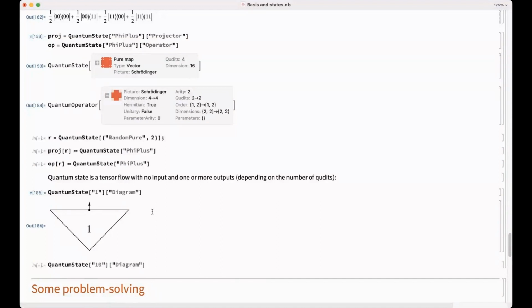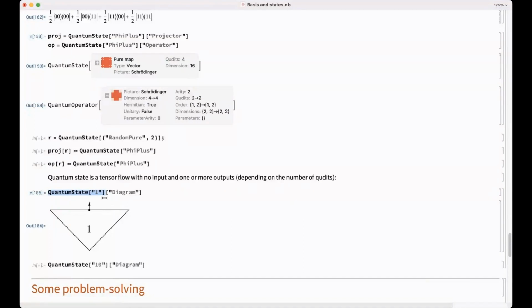If you know what string diagrams mean, that would be the usual notation of it in the string diagram case. And what it means here is it just shows you the label and how the outputs and inputs are, how many of them and what they are, basically for your state, operator, channel, whatever it is.